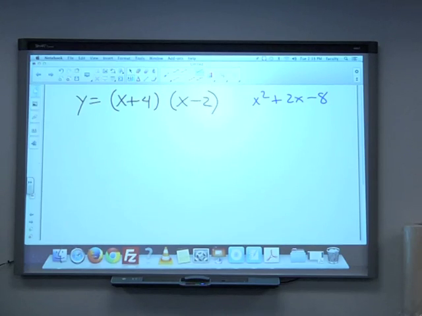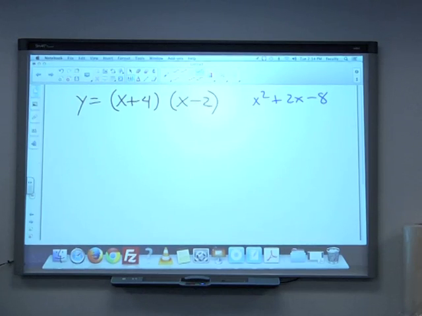Well, I want to get an idea of what's going on with the graph here. First off, x-intercepts. What is an x-intercept? It's where it crosses the x-axis. And when it crosses the x-axis, what is the value of the y-coordinate? 0.